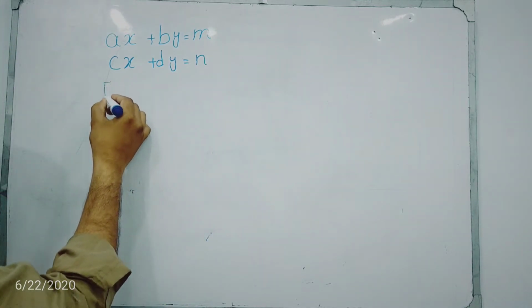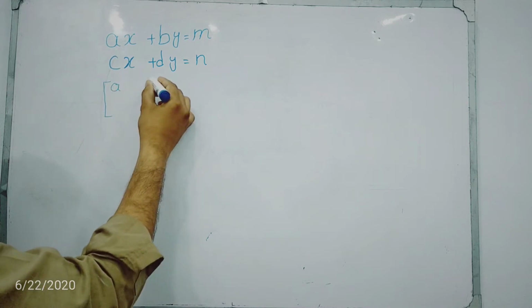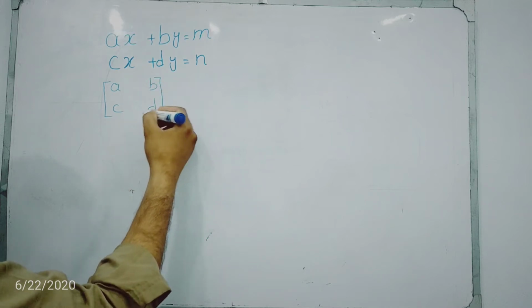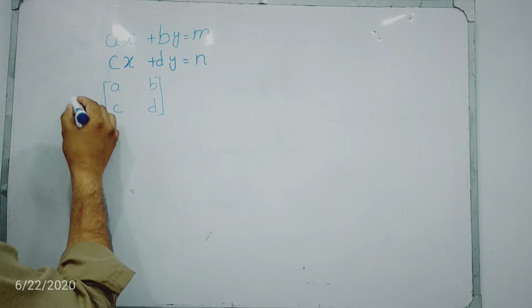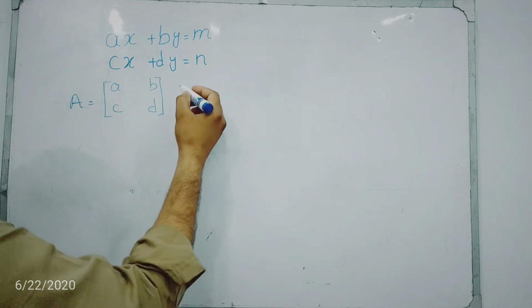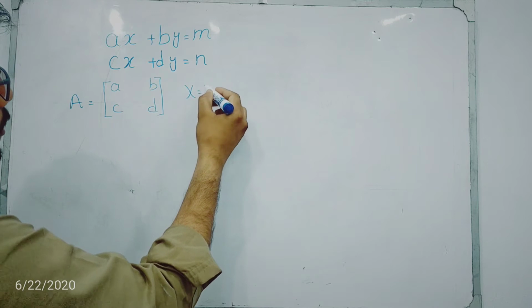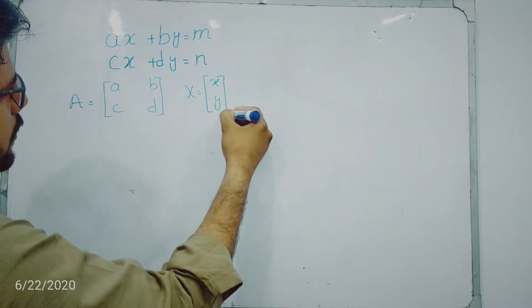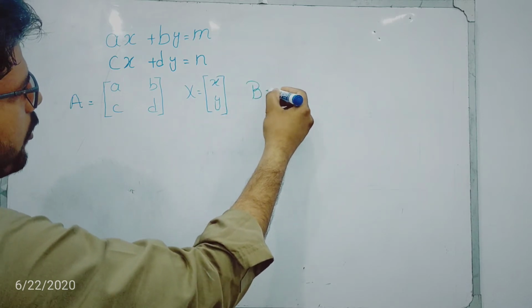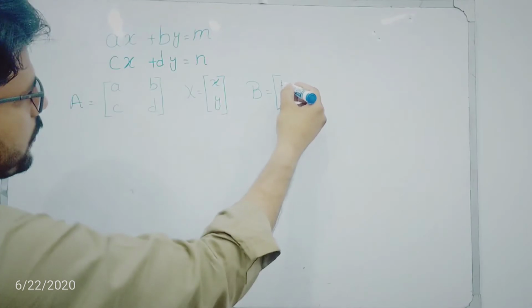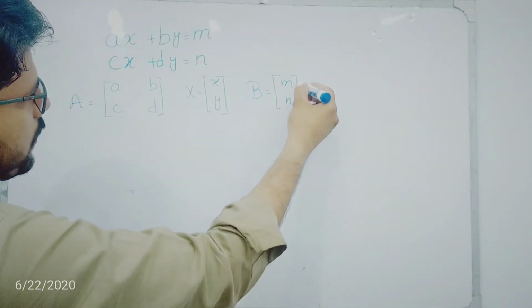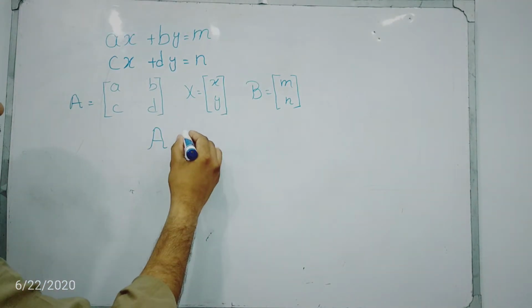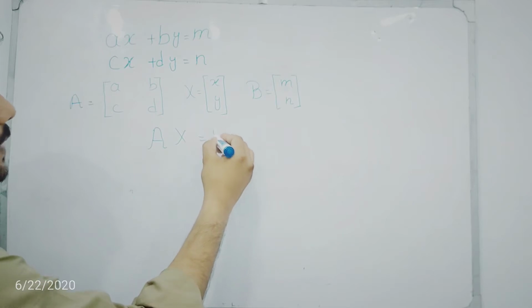So we separate a, b, c and d. We give the name A matrix and X is equal to xy, B is equal to mn. So Ax is equal to B.